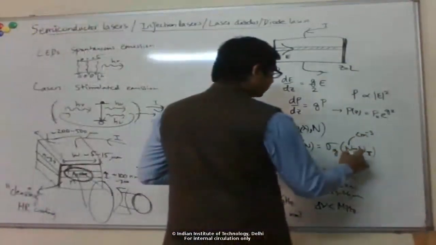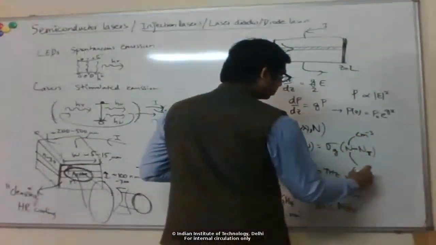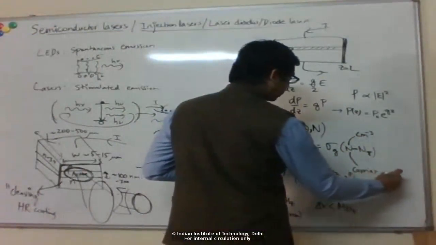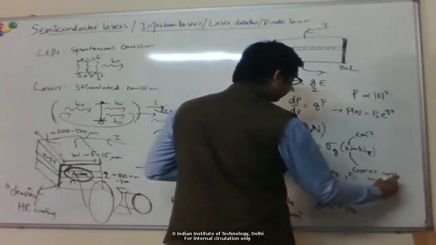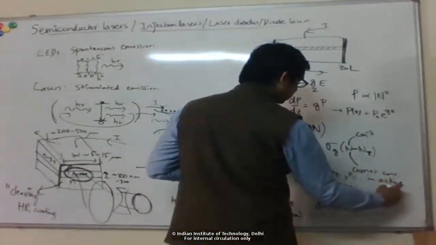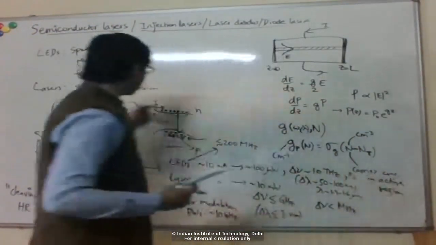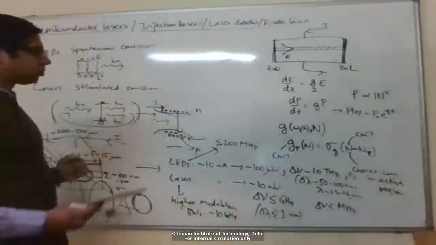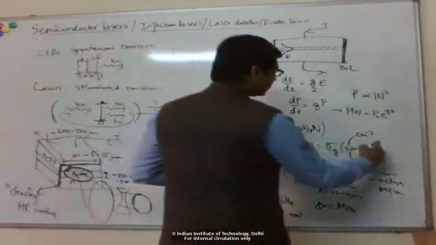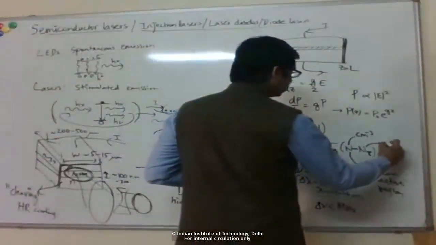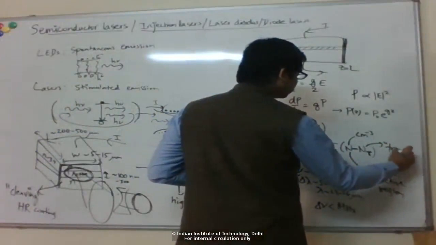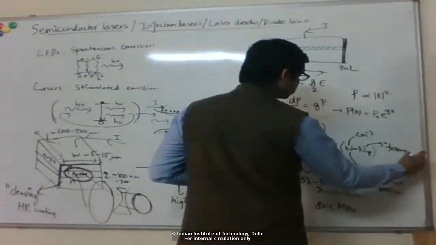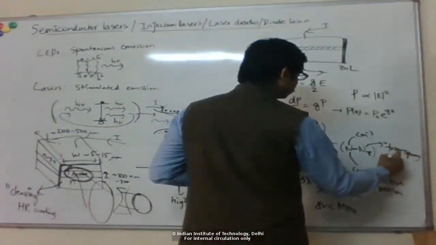N is the carrier concentration in the active region, and it depends on the current. And this NT is some constant, which is known as the transparency concentration.